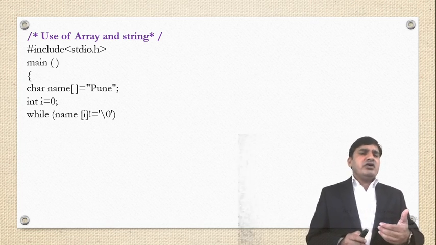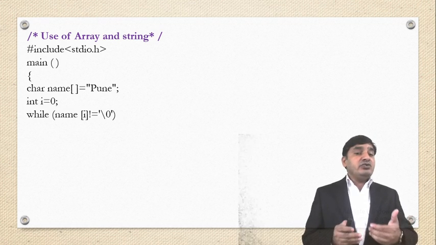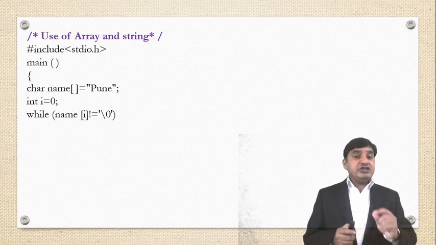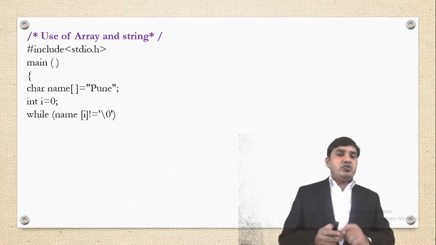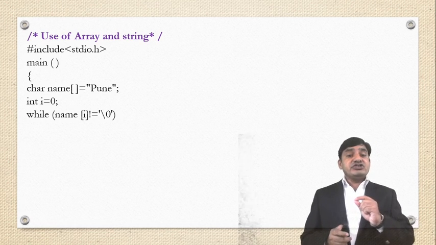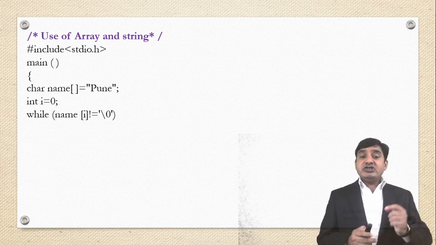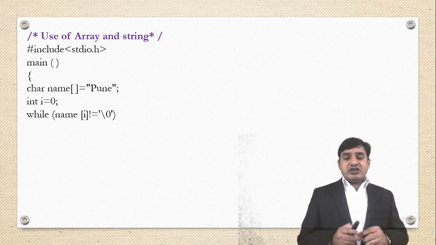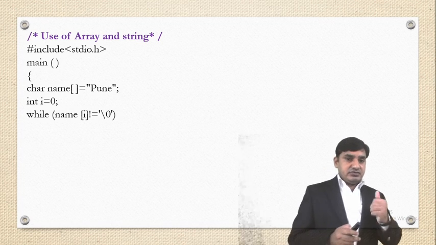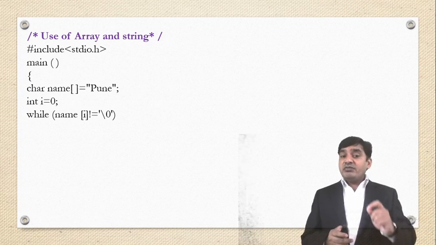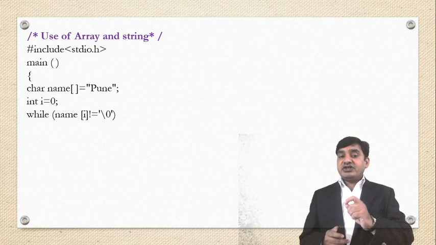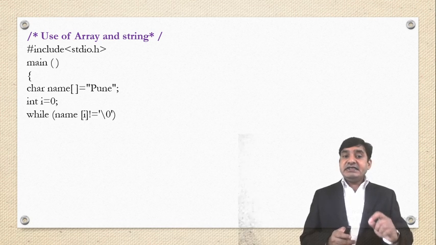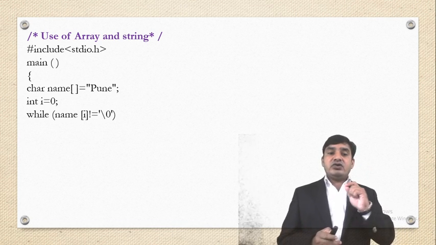While, now we have to consider some condition: name[i] is not equal to \0, which means the null character, used for termination of a character string. Name[i] is not equal to \0.